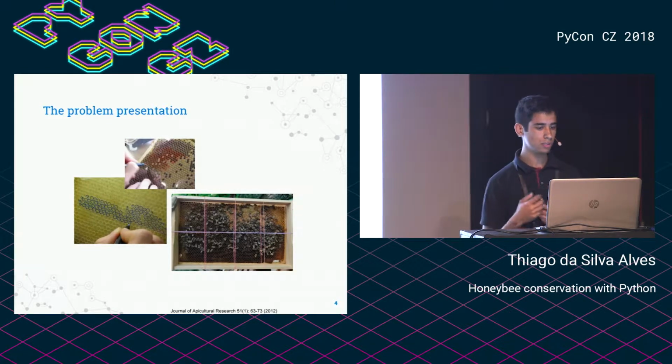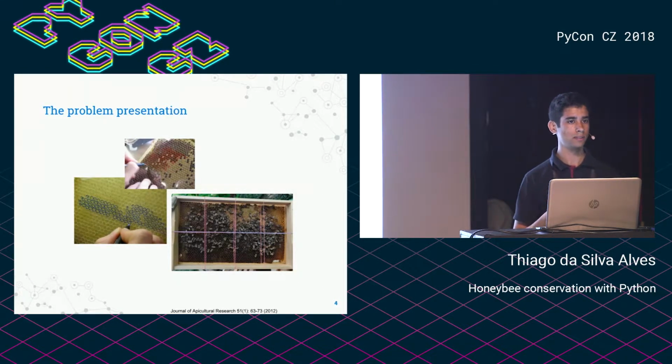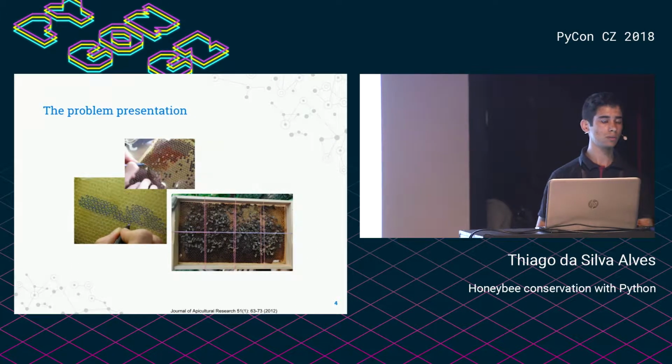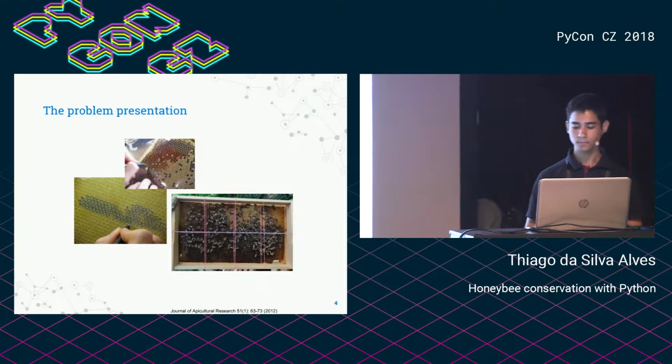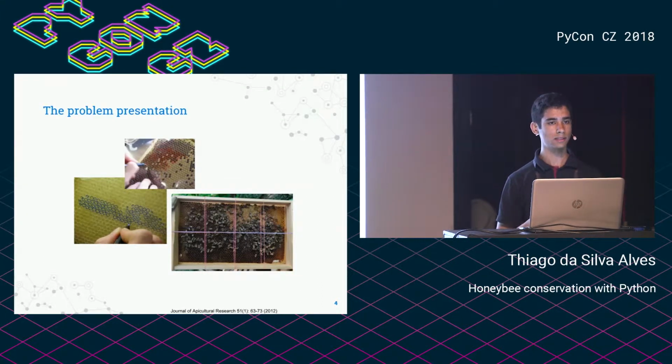And this is usually done by hand, and it's a big problem for them. So they proposed that I develop an automatic way to solve this. The solution proposed was to use deep learning, using images and also image processing. So this was the job that was given to me.